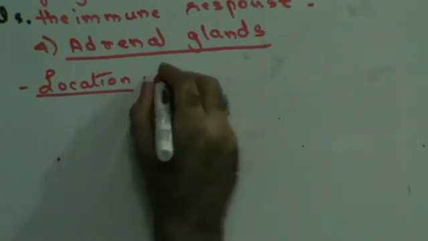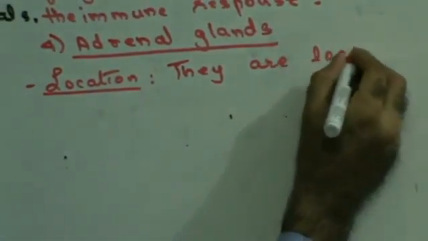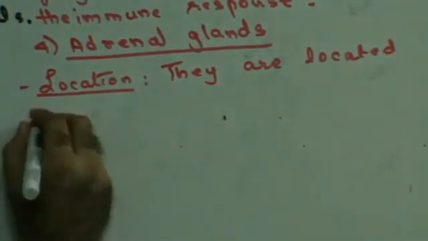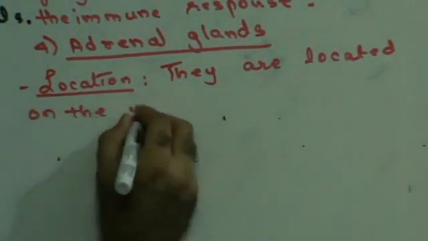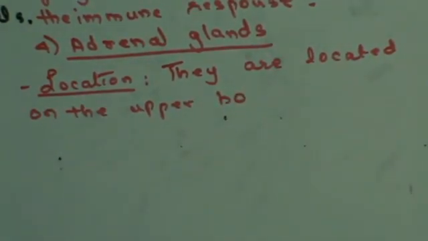A pair of adrenal or supra-adrenal glands are located on the upper border of the kidney.